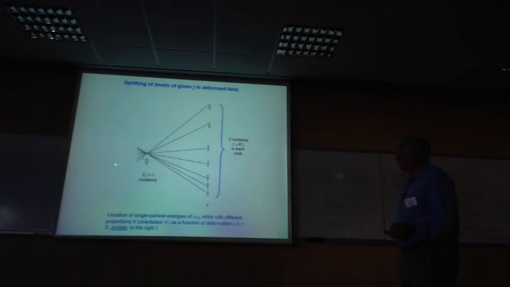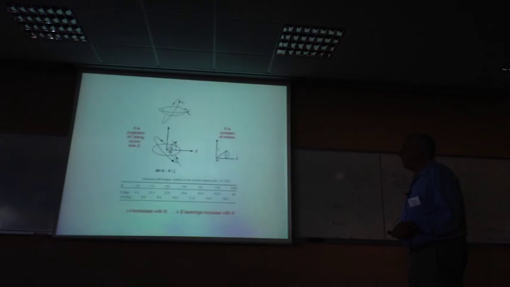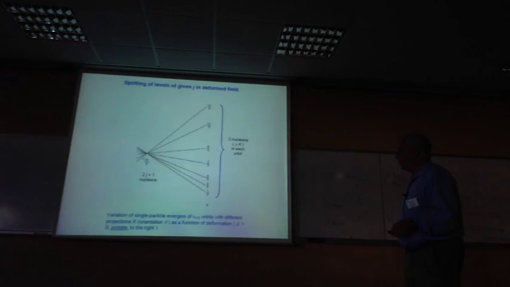Okay? For a spherical nucleus, all these energies are equal. As you deform the nucleus, the K equals 1/2 equatorial orbit will go down, down, down in energy. K equals 13/2, which is an orbit going in this direction with its angular momentum pointing this way, will go higher in energy as the nucleus deforms because the nucleus will squeeze in this direction.